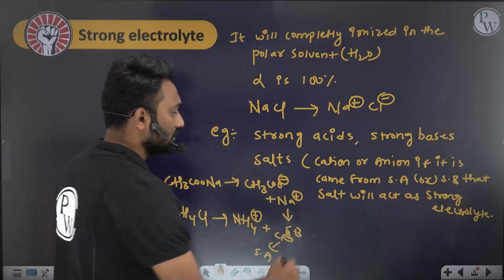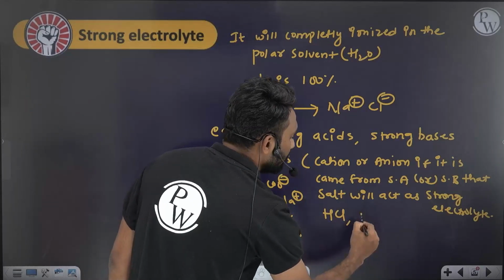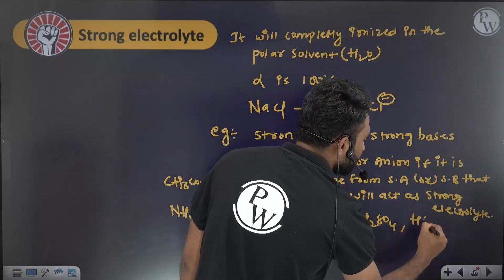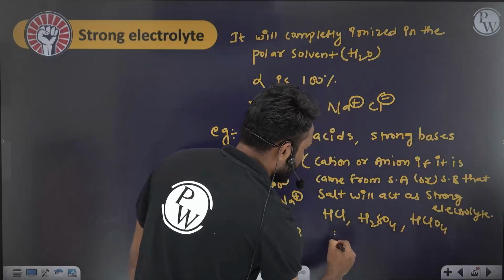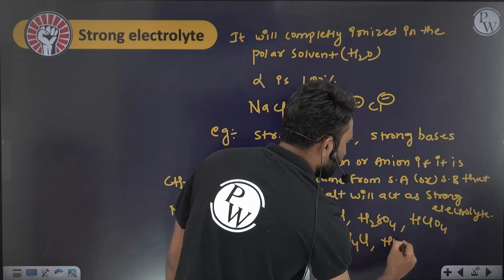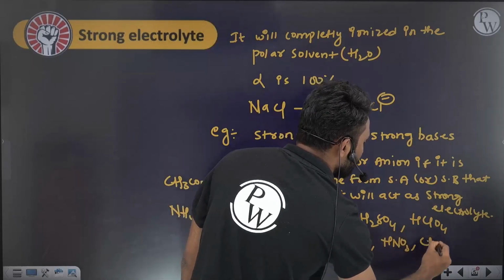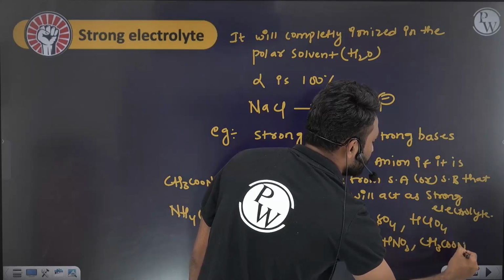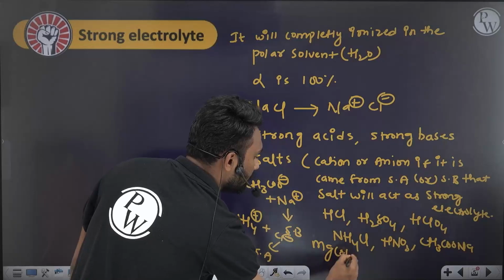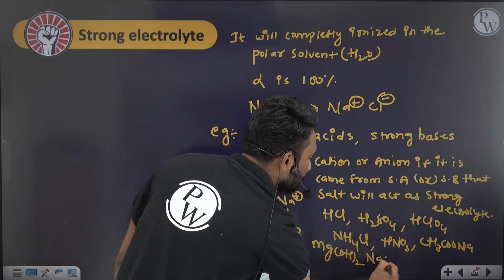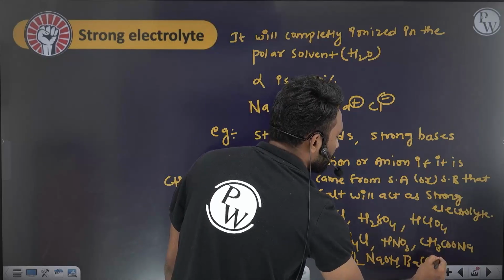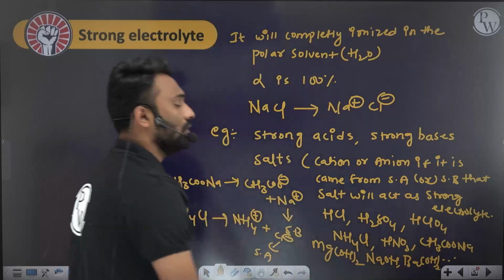Examples: HCl, H2SO4, perchloric acid HClO4, NH4Cl, HNO3, sodium acetate, magnesium hydroxide, sodium hydroxide, barium hydroxide, and so on.